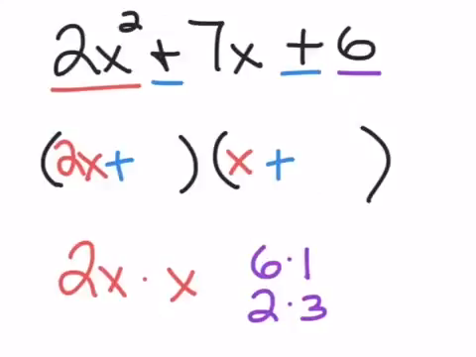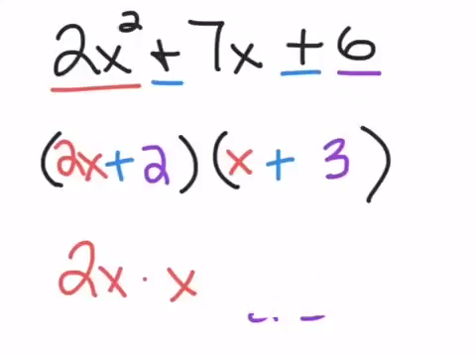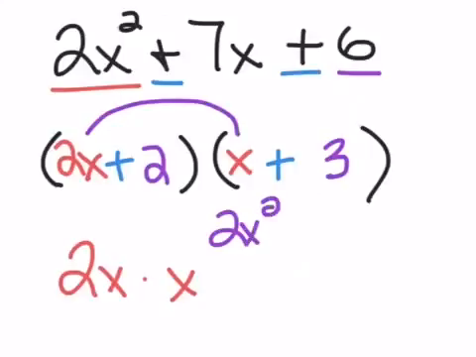So we have to think about our result and what we're going to get. So if I do 2x plus 2 and x plus 3, will that work? So now we're going to have to figure it out. And let me erase what I have down here. So we would get 2x times x. That gives me 2x squared.